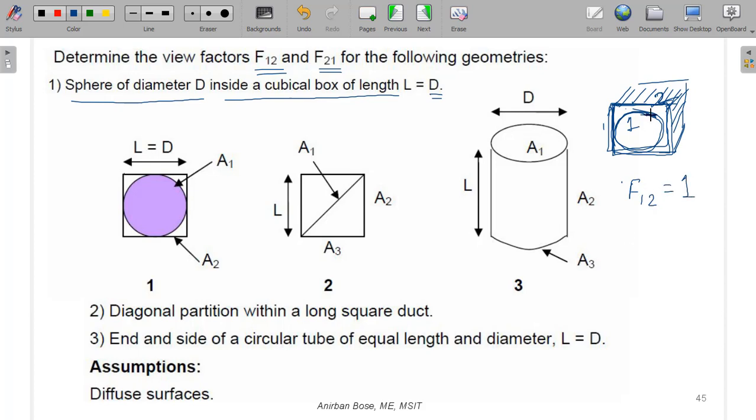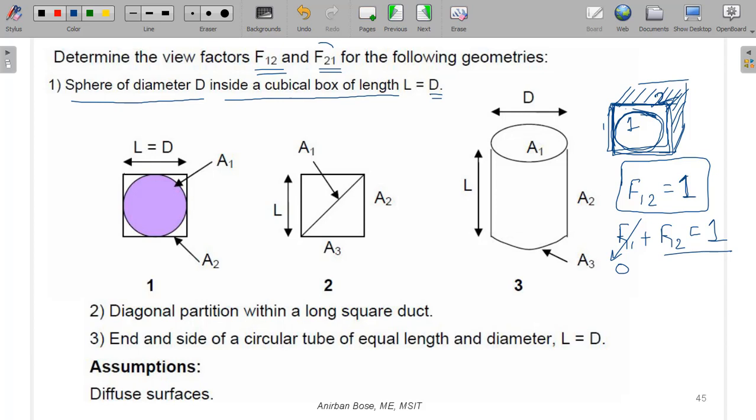That is why F11 is also 0. Or you can apply the summation rule between 1 and 2: F11 plus F12 is equal to 1, and F11 is equal to 0 because 1 is a convex surface. So in that case also you get the same thing, F12 is equal to 1.